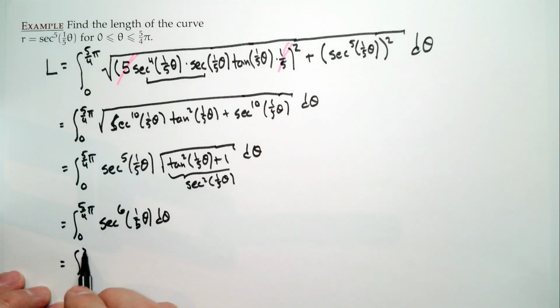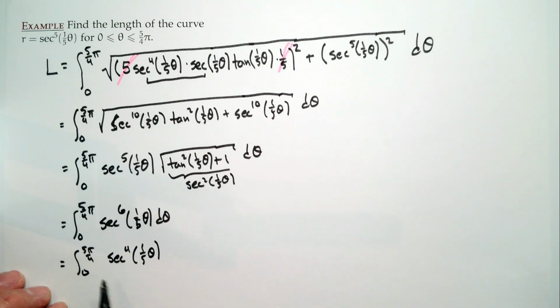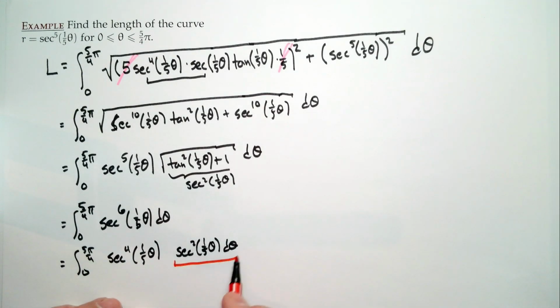We come to here and we say, you know, this is sort of a callback. So if I pull off a single secant squared of 1/5 theta d theta, then we look at this part on the end and we think, happy thoughts. Because this is like the derivative of tangent.